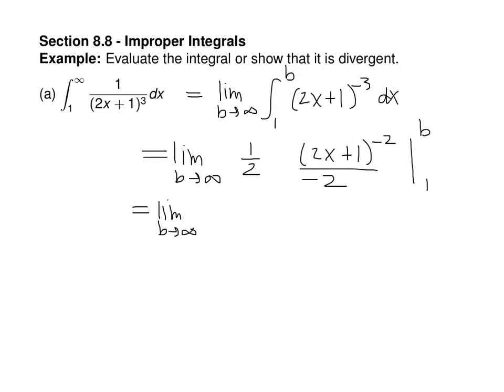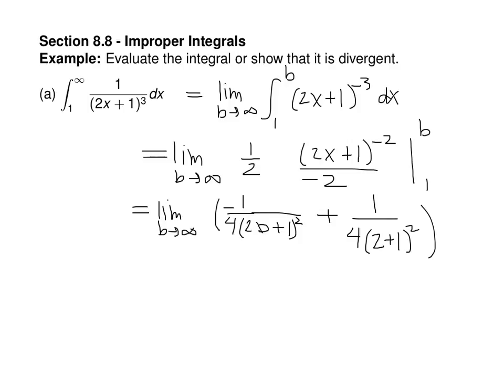So we'll have negative 1 over 4 times 2b plus 1 squared plus 1 over 4 times 2 plus 1 squared. So this first term, because b gets large, goes to 0. And I end up with 1 over 4 times 9, or 1/36.